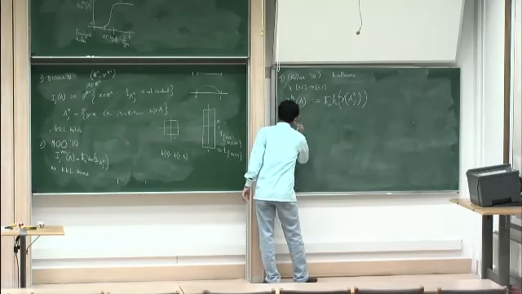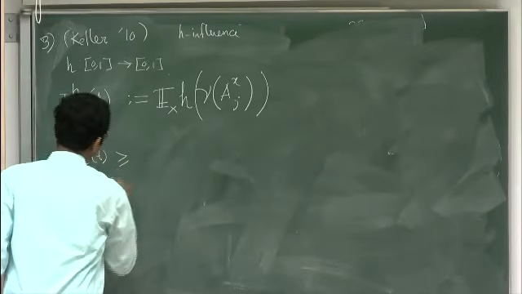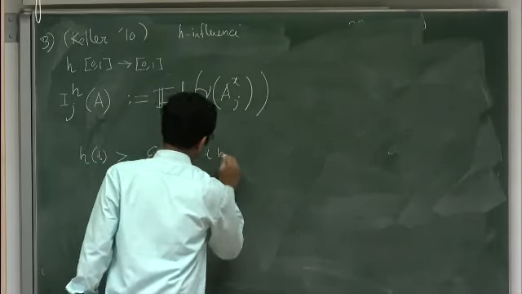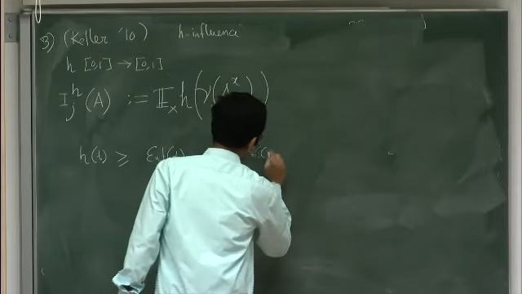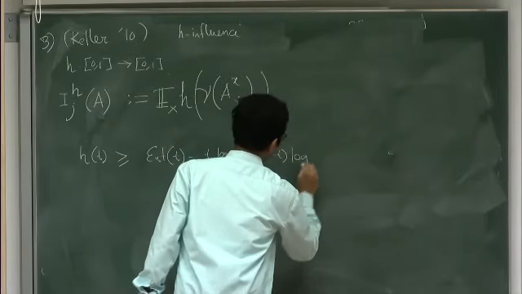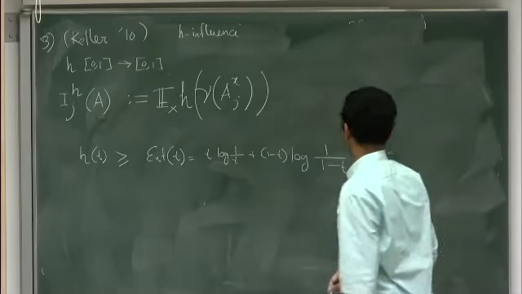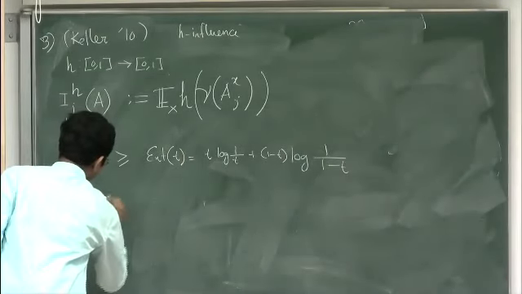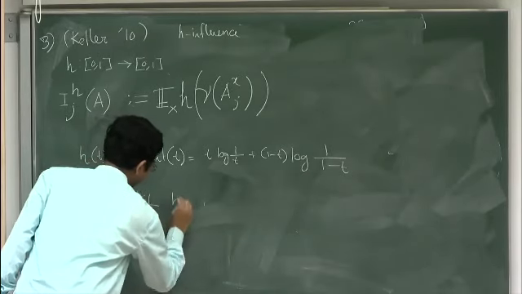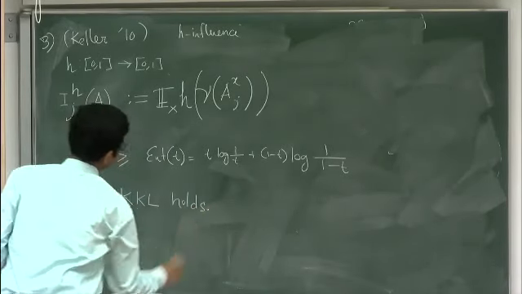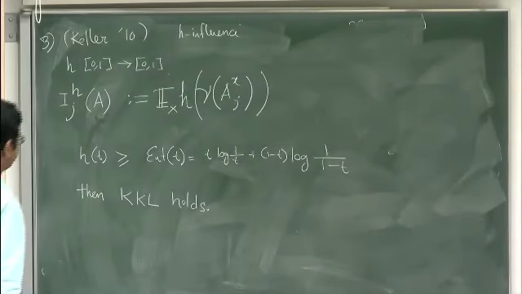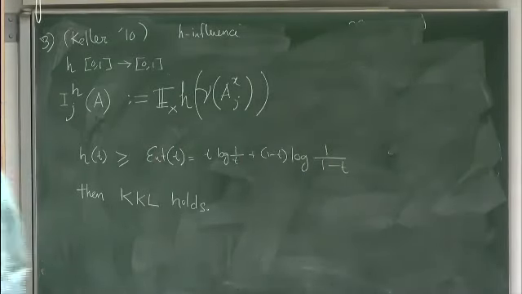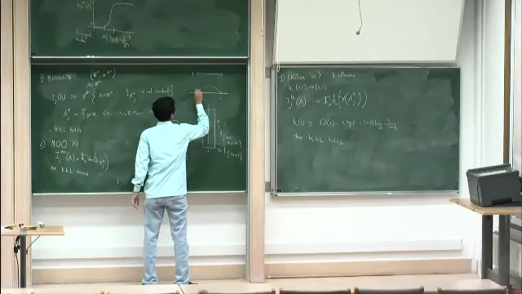He showed that if H(t) is greater than or equal to the entropy function, which is t log(1/t) plus (1 minus t) log(1/(1 minus t)), then KKL holds, with constants like log n over n. So the entropy function should be something like that.